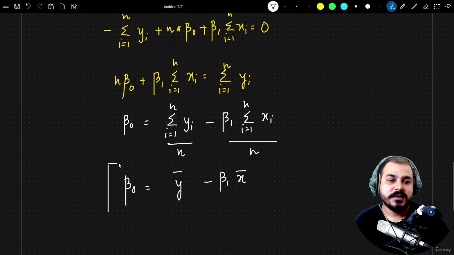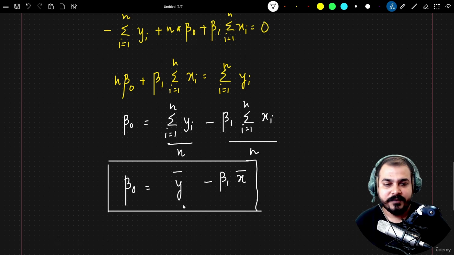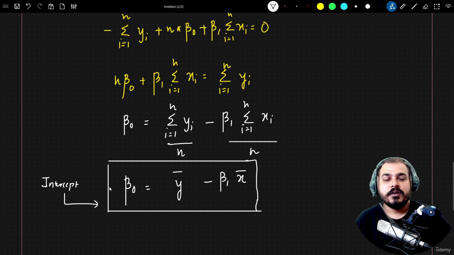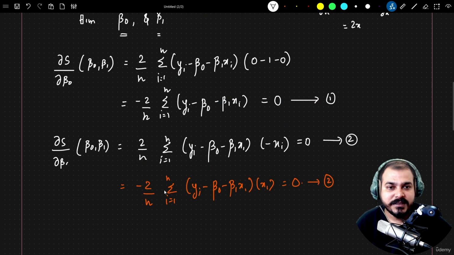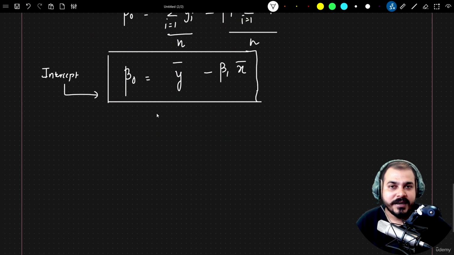So beta 0 in this entire equation can be calculated by using this particular equation, right? So my intercept, if I really want to calculate my intercept, can be calculated by using this formula. Okay. So just imagine we have taken the first equation from here after doing the derivative and we have computed how to calculate beta 0.